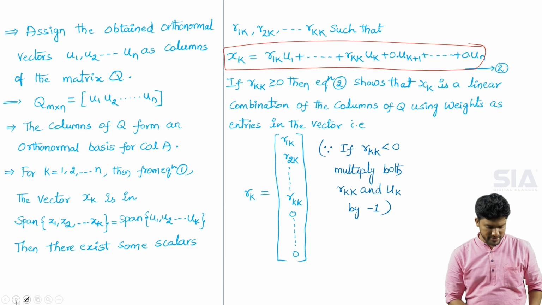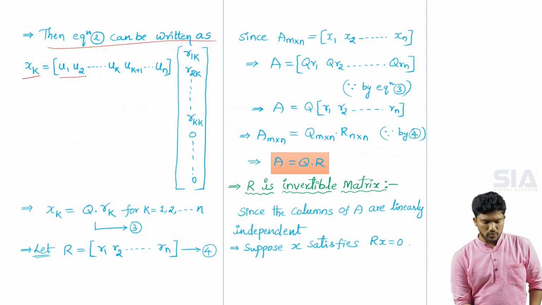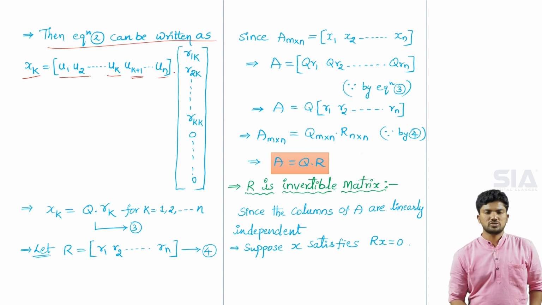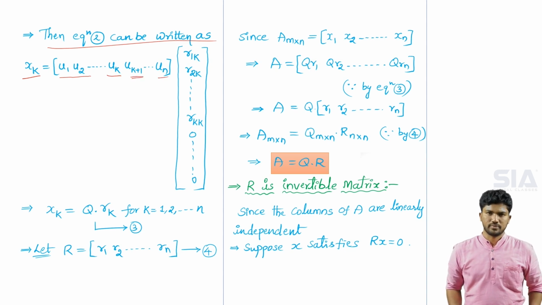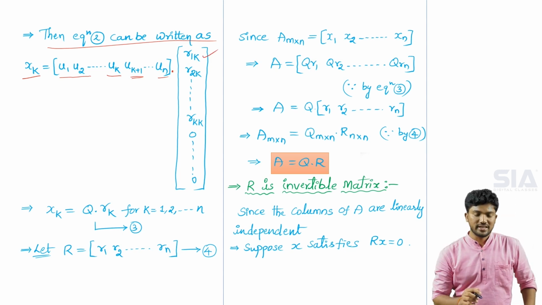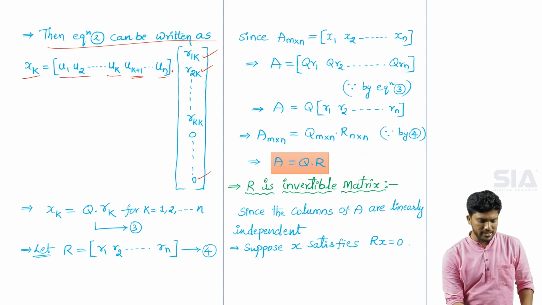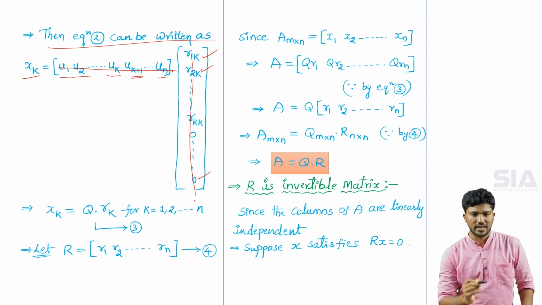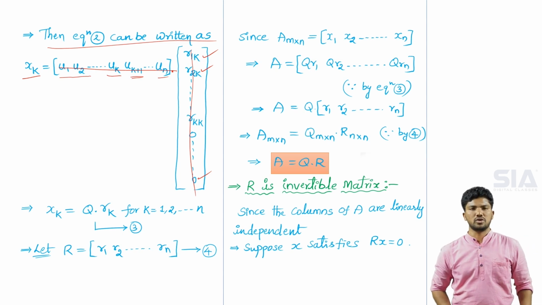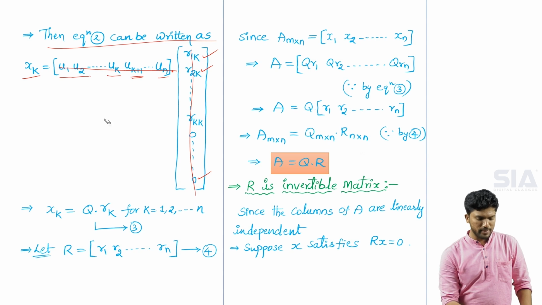That matrix equation is given by x suffix k is equal to u1, u2 up to u suffix k, u suffix k plus 1 up to u suffix n, multiplied by the scalars r suffix 1k, r suffix 2k up to so on, 0. If you apply the multiplication for this row and this column, you will get equation number 2 only. That equation number 2 we are writing in matrix format.